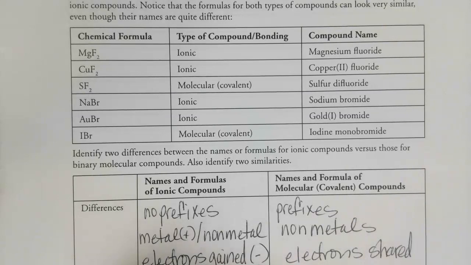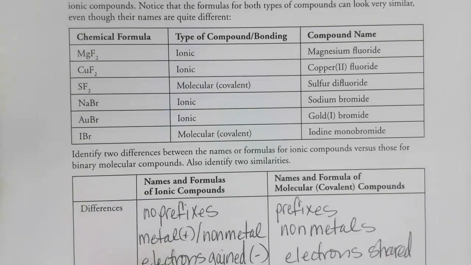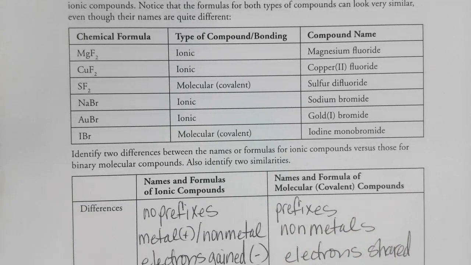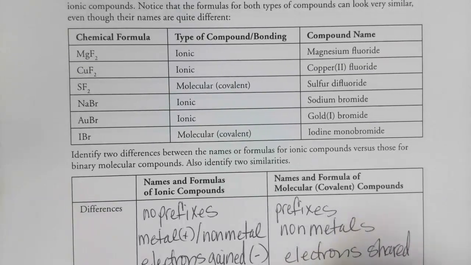Which kind of leads me to more differences. So I'm going to continue differences and put similarities down here. Okay, so how else are they different? Well, since electrons are shared, these exist as individual molecules, covalent compounds do, whereas ionic compounds form extended crystals.